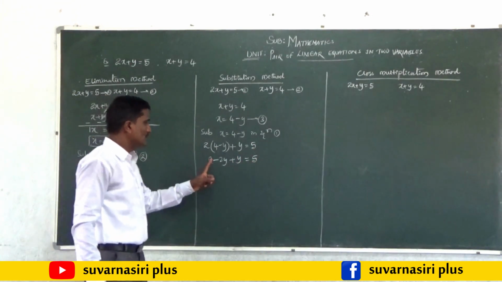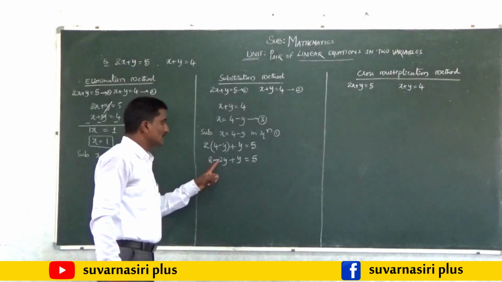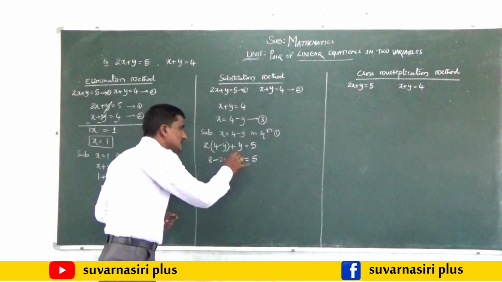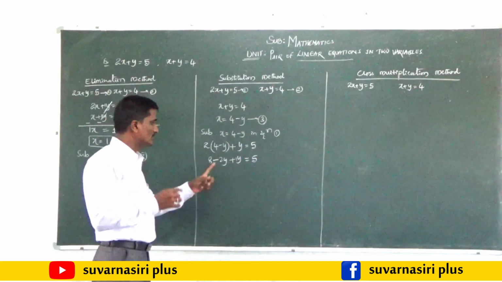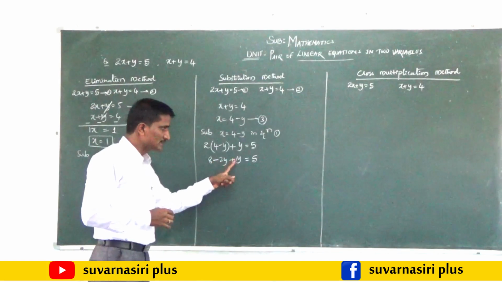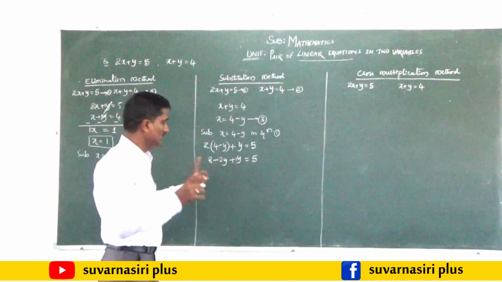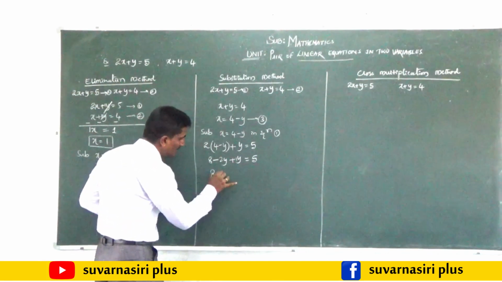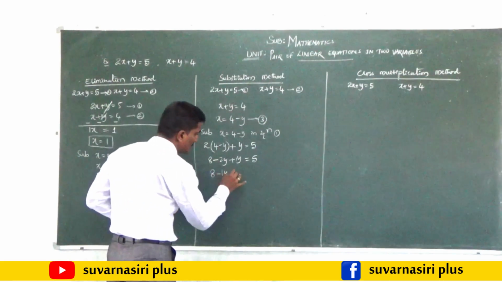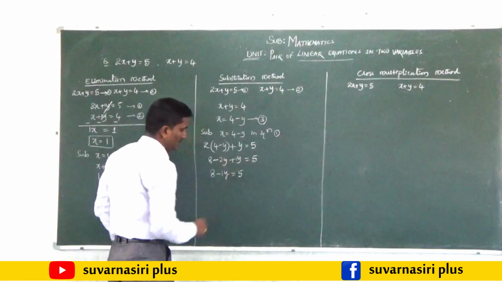See here, 8 is a numerical value. Minus 2y plus y. Plus y always has coefficient 1. So minus 2 plus 1 becomes minus 1. So 8 minus 1y. Simply you can write y itself. 8 minus y is equal to 5.